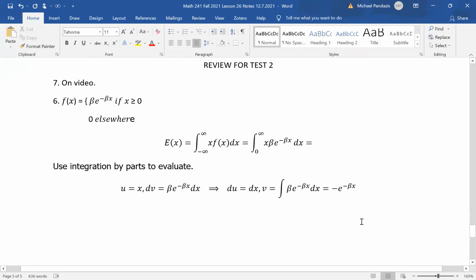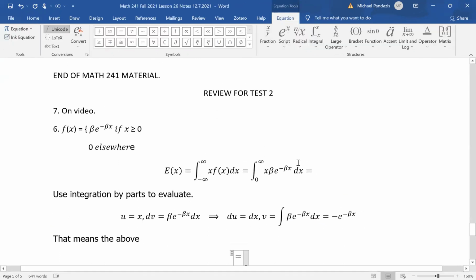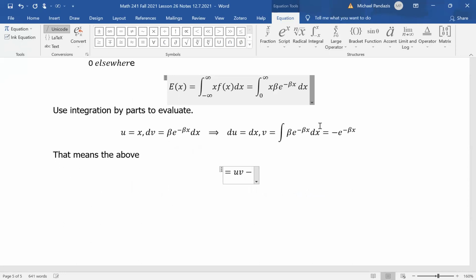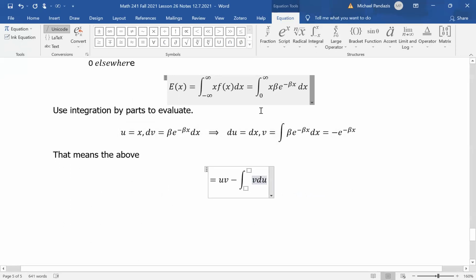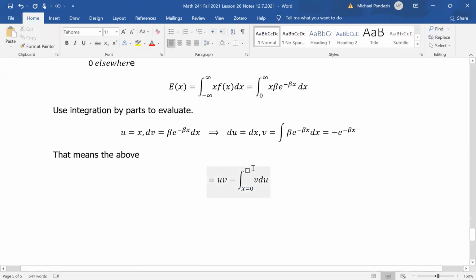Okay, so that's v, and so that means the above equals uv minus the integral of v du, going from when x is 0 to x is infinity.